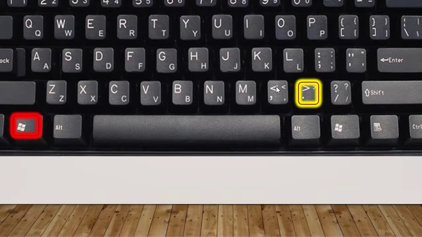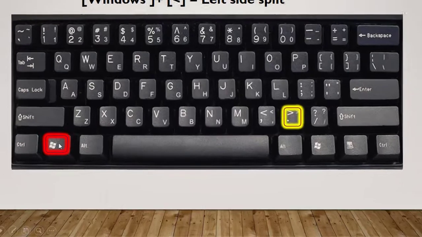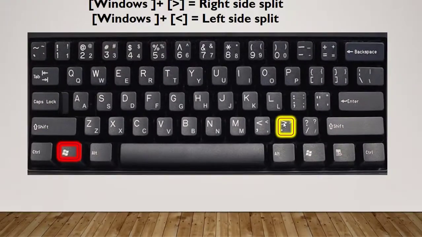If you want to view two documents at the same time, you can split your window into the right side and the left side. For you to do that, you can use the shortcut key Windows together with the greater than symbol. It can help you to split the screen towards the right. When you use Windows key together with this less than symbol, it will help you to split the screen towards the left side.